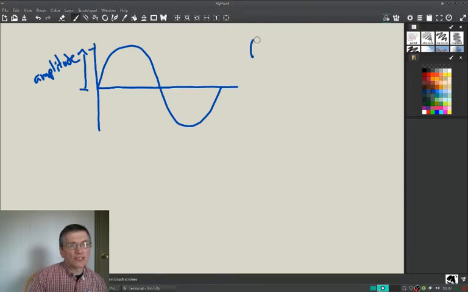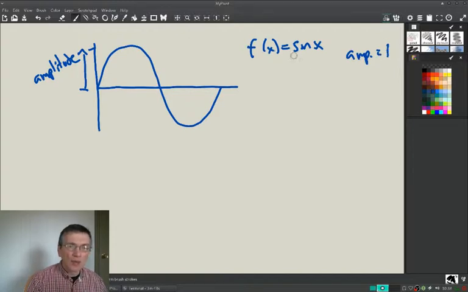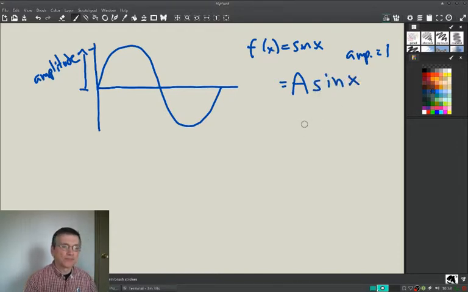If you have just the function f of x equals sine x, its amplitude equals 1. And we can put that out front. We can use just about any letter we want. Use A for amplitude. Okay?